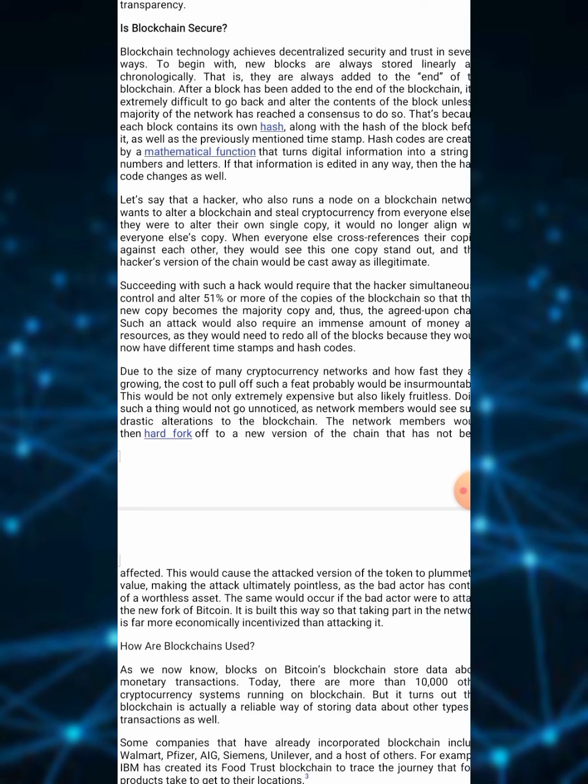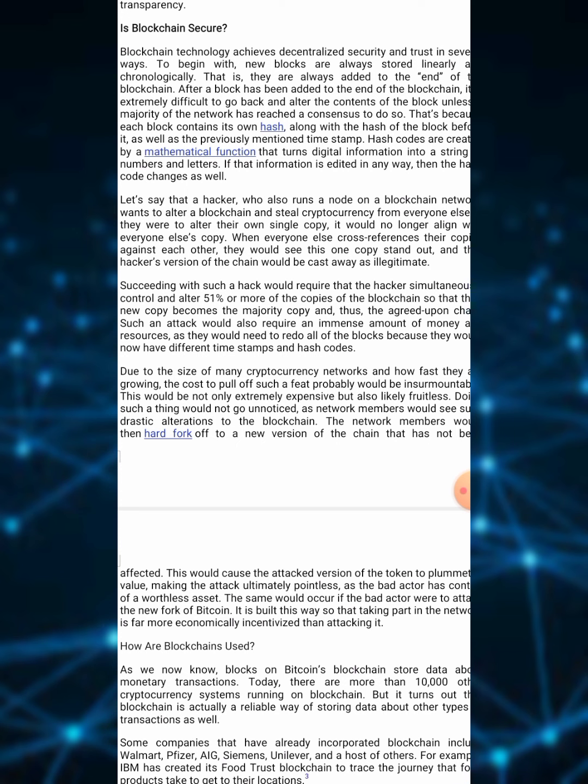Okay, so to succeed with this hack, it will require that the hacker simultaneously controls and alters 51% or more of the copies of the blockchain, so that their own new copy becomes the majority copy, and thus be agreed upon.